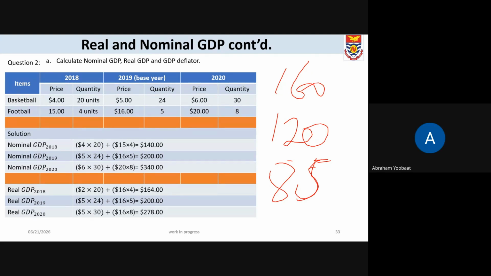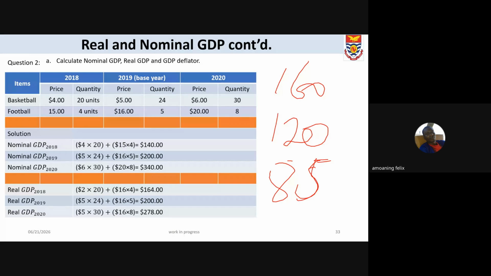So take it again. I am saying that when your GDP deflator is 160, it simply means that the inflation rate of that country is 60%. When the GDP deflator or the price index is equal to 120, what it is telling you is that inflation is 20%.